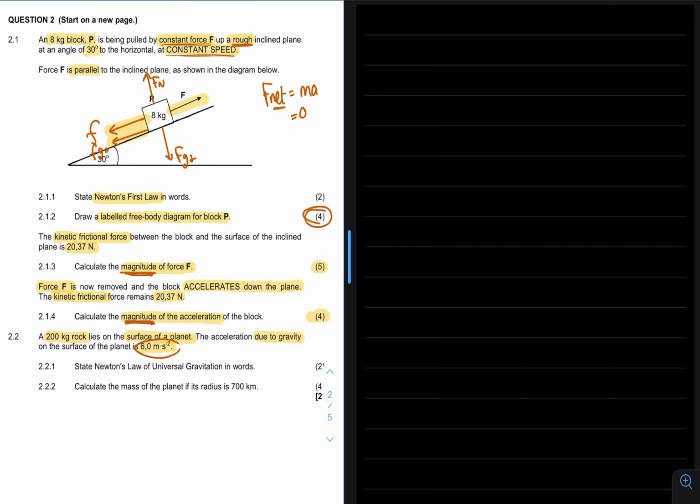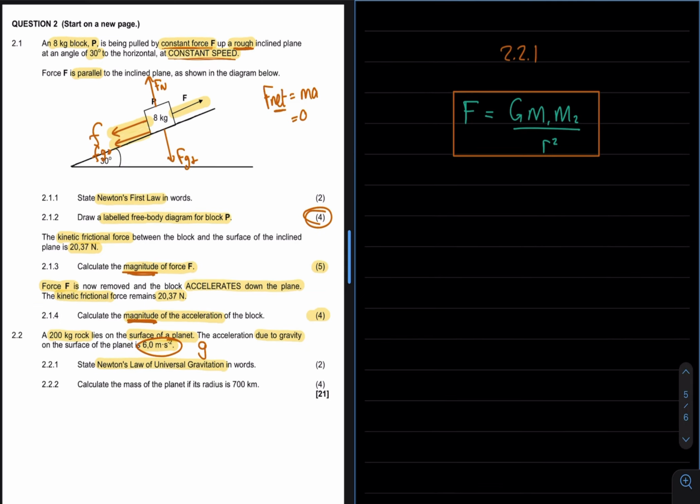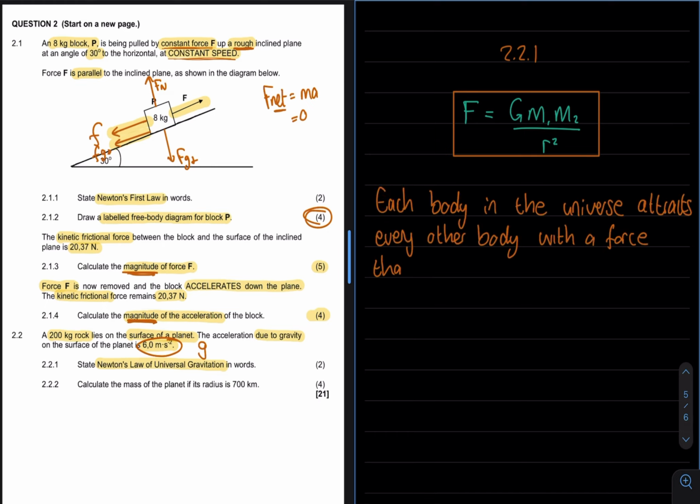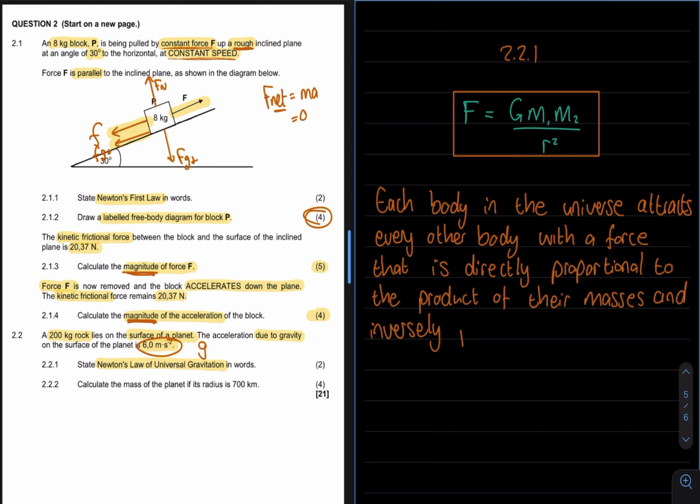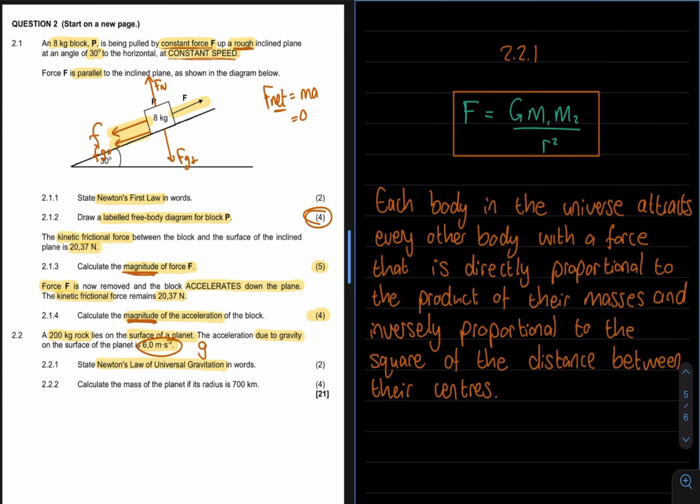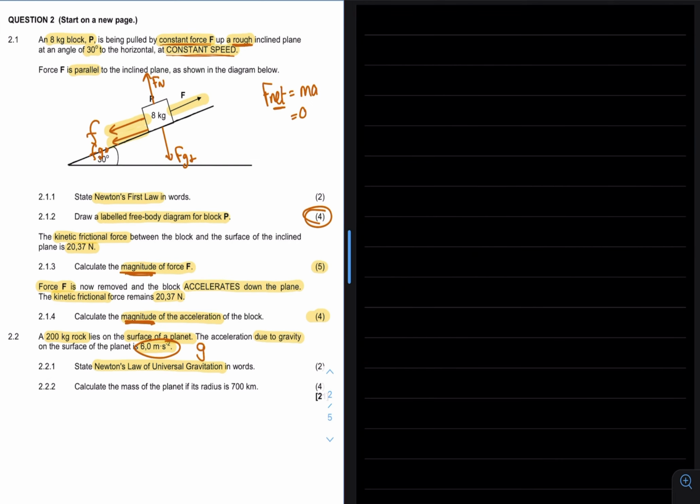So this gravity that they're talking about is the g for this specific planet. 2.2.1 asks to state Newton's law of universal gravitation. 2.2.2 asks to calculate the mass of the planet if its radius is 700 kilometers.